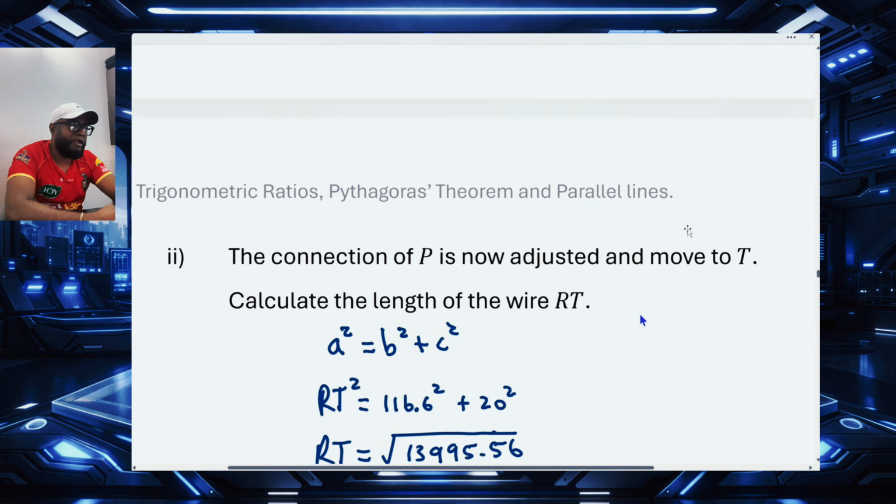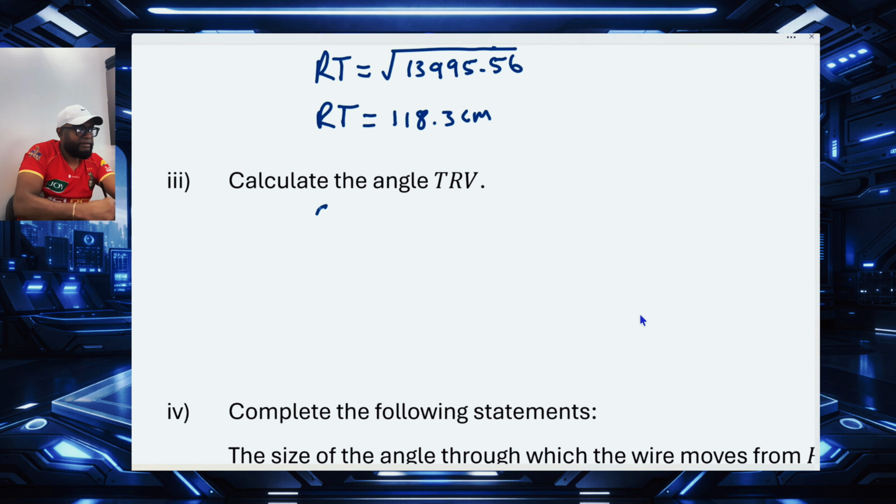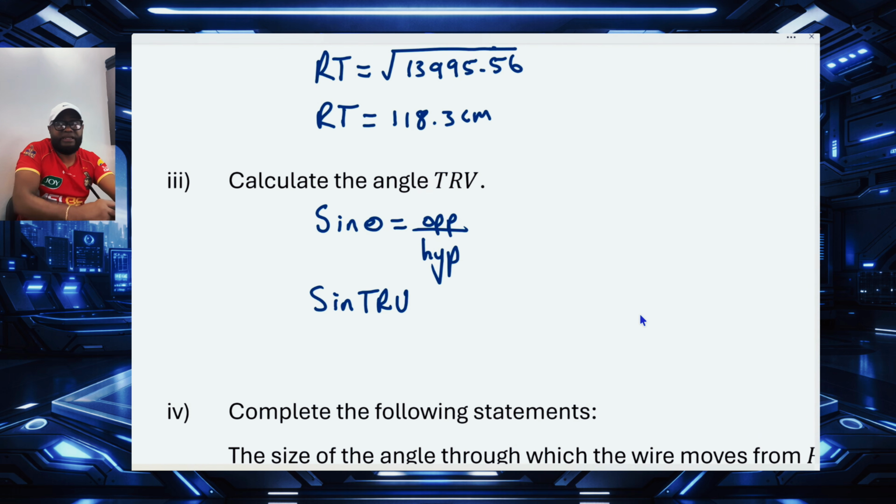I'm going to use sine, because I just like sine. Sine of the angle is equal to what? Let me plug in. That'll be sine of TRV, because TRV is the angle. My opposite was 116.6.